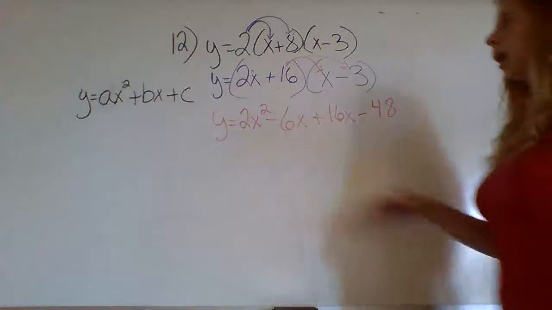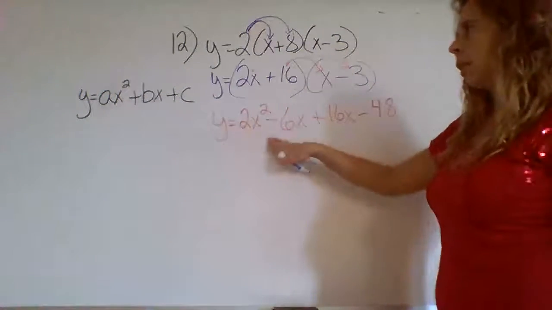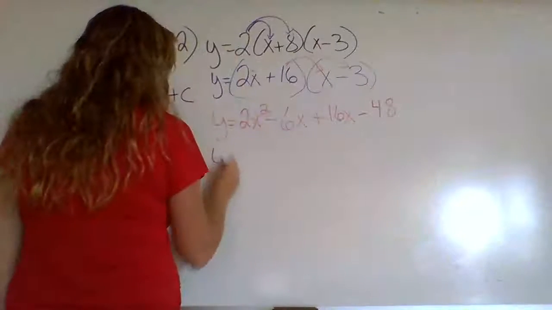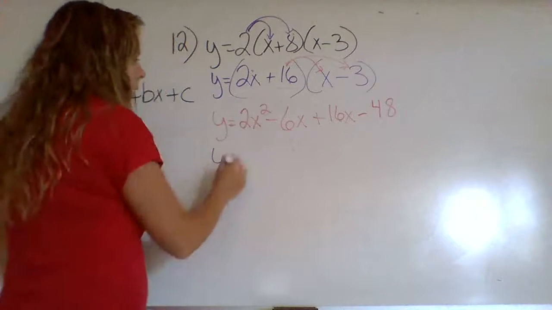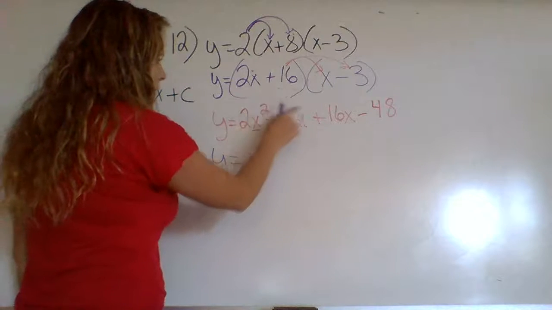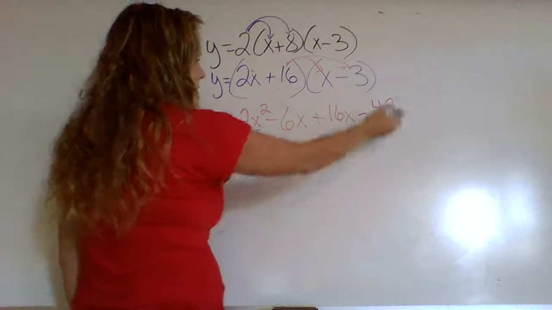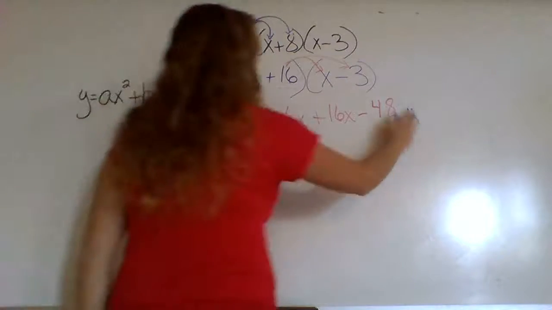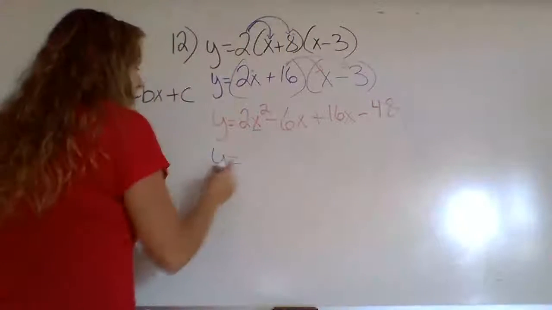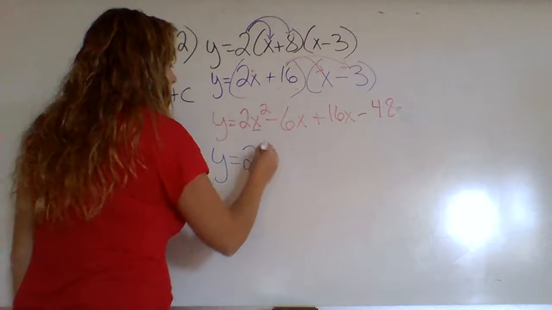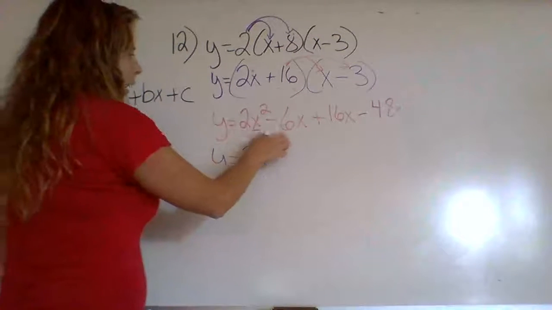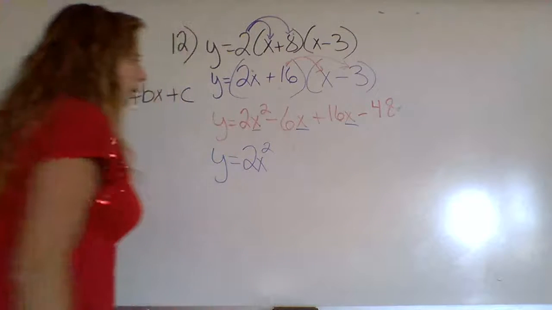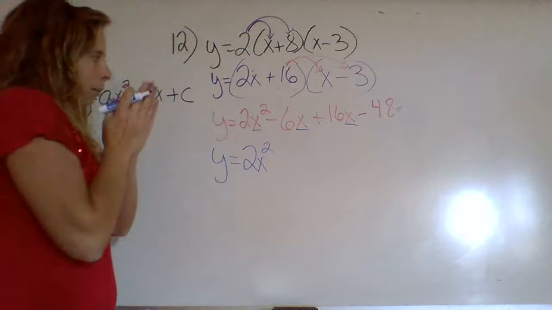Now, we're getting close to our standard form. You just have to combine your like terms. 2x squared, that's the only term that has an x squared. These are just regular x's, and this guy has nothing. So that's just 2x squared. Then you have negative 6x plus 16x. They both have an x, so you can combine them together.